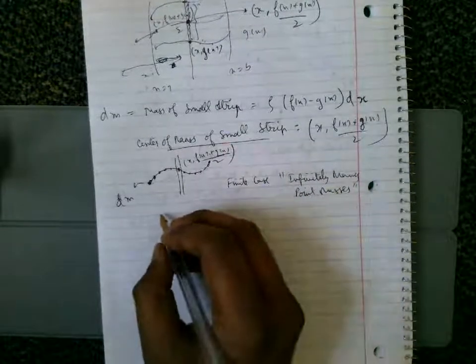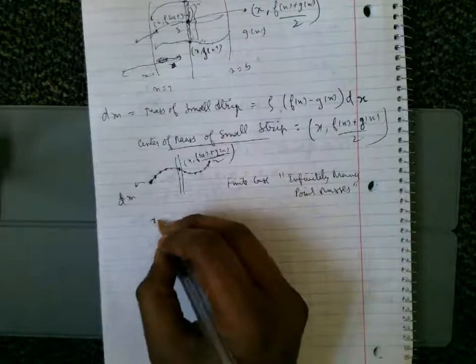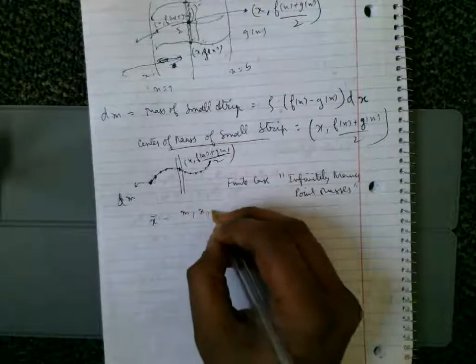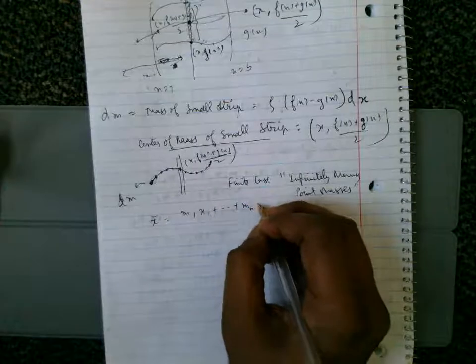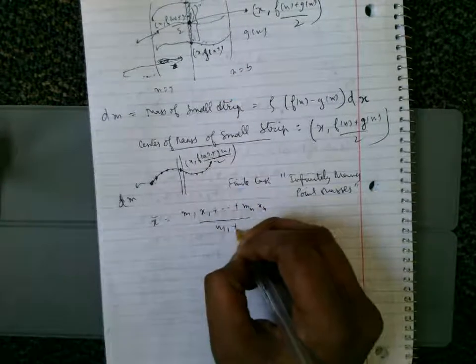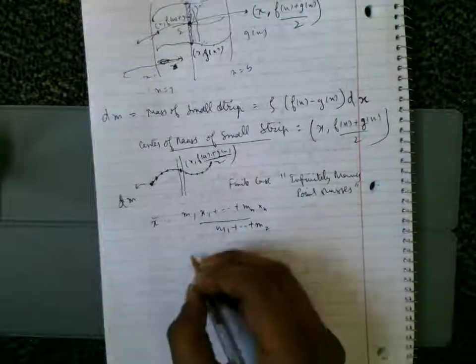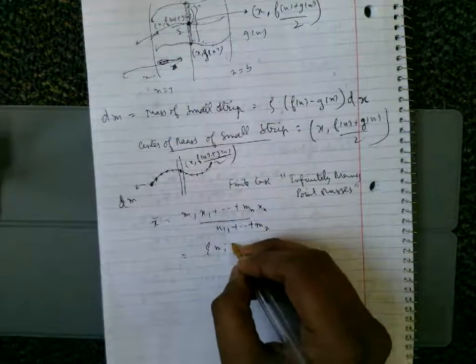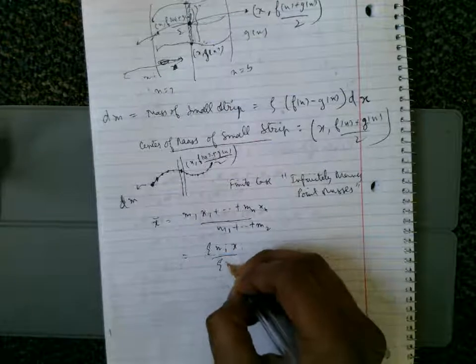So we know that the x coordinate of center of mass for a finite case is (m1 x1 plus m2 x2 plus ... mn xn) by (m1 plus m2 plus ... mn). So this is like summation mi xi by summation mi.